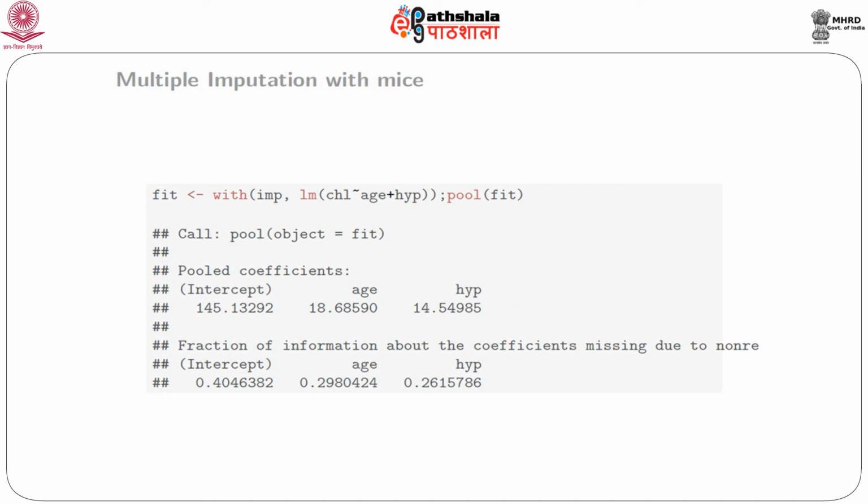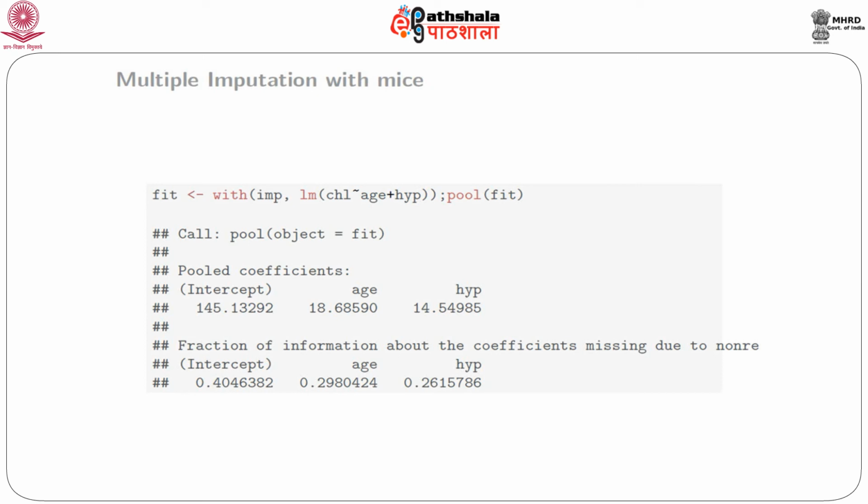So, lm of cholesterol explained by age plus hypertension, and we are storing it in fit. The fit object contains the results of 5 complete data analyses. If we type in fit here, we get the complete analysis for the 5 imputed data sets.